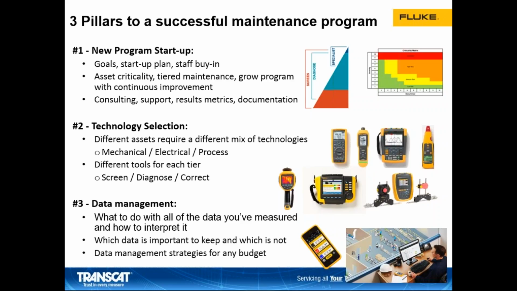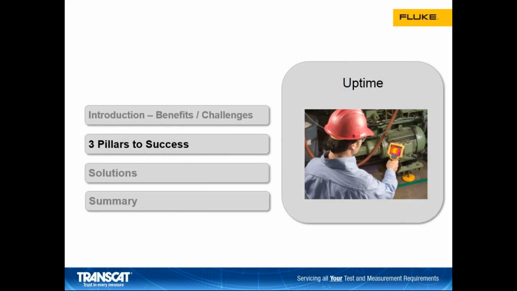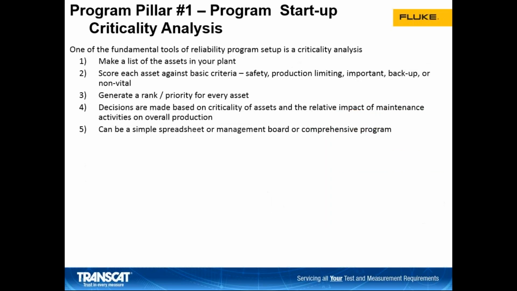Because that's the third thing that causes a program to fail: if you don't have answers, if all you have is a bunch of numbers, then the program isn't going to make it. We have to find a way to start up a program, use tools that our people can use, and then get answers from that data. So let's talk about these things. We're going to talk about the three pillars to start up a successful program.